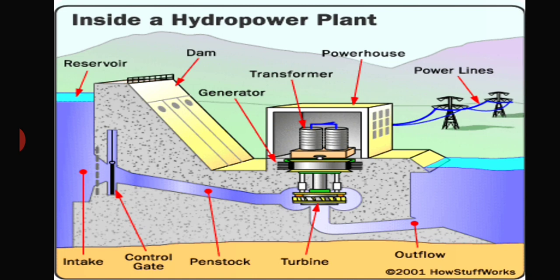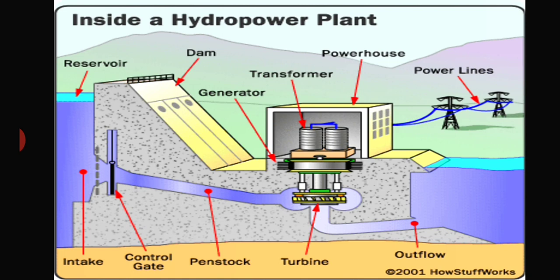At the bottom of the dam you will have a control gate and a penstock, and through the penstock the water from the reservoir is fed to the turbine. The water kept at high potential energy flows across the penstock to the turbine, and the turbine rotates due to the flow of that water.